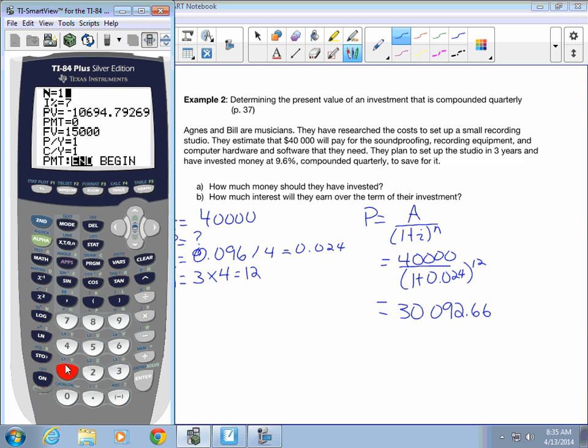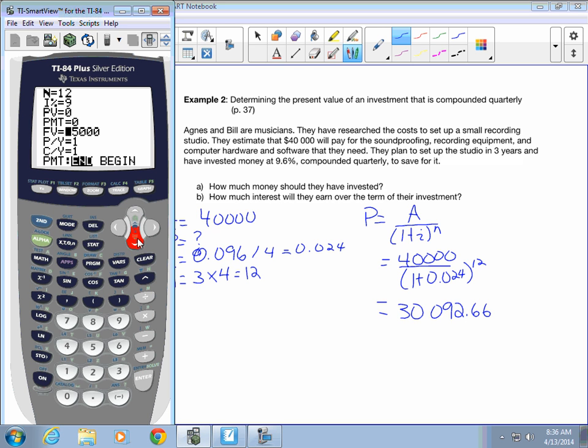If you do this where N is equal to 12, like I've set it up here, then when you do your interest rate, I'm just going to clear this. It won't move down for me. Enter. There we go.